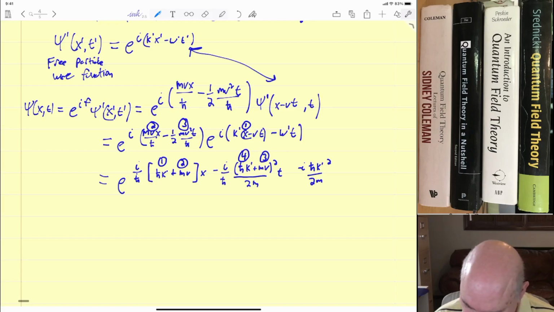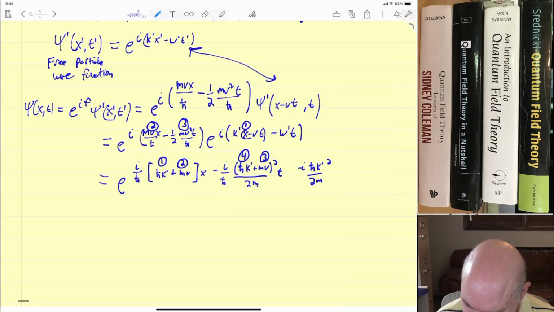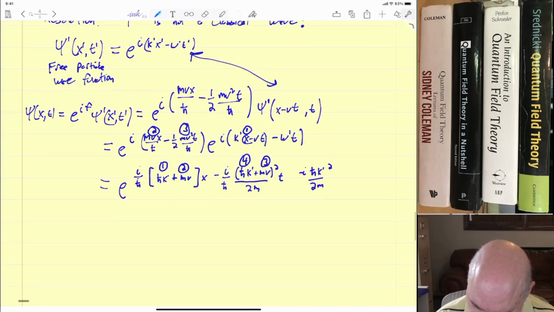Okay, so we get that because we make use of the relation h bar omega prime, which is the energy, E prime.